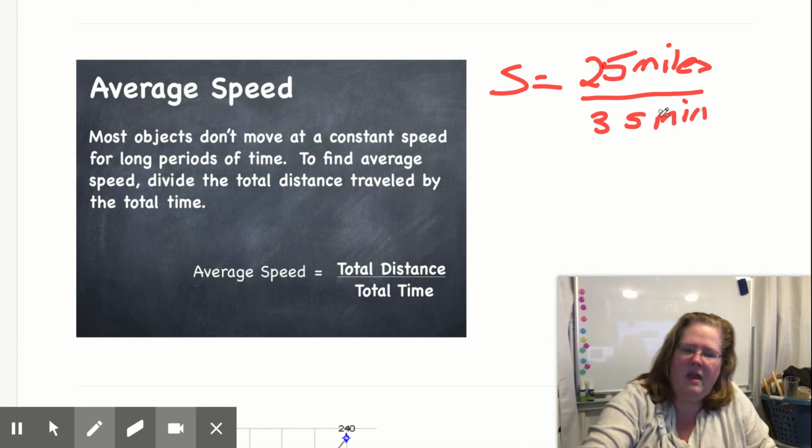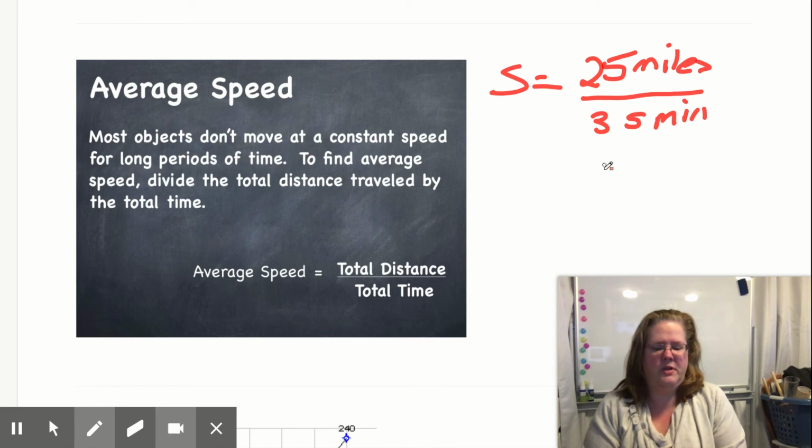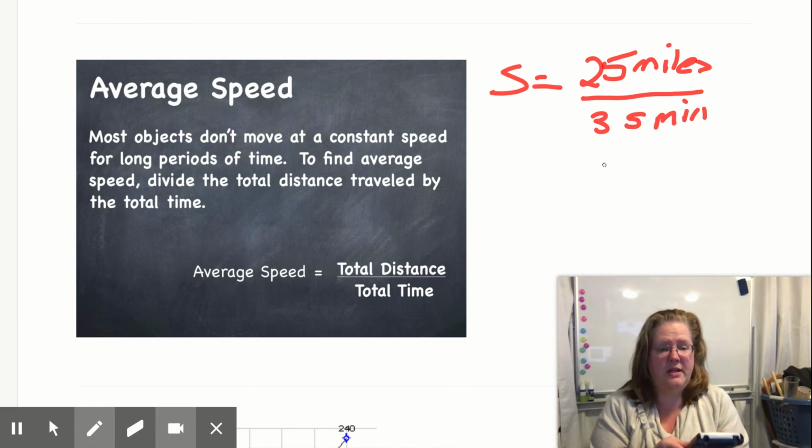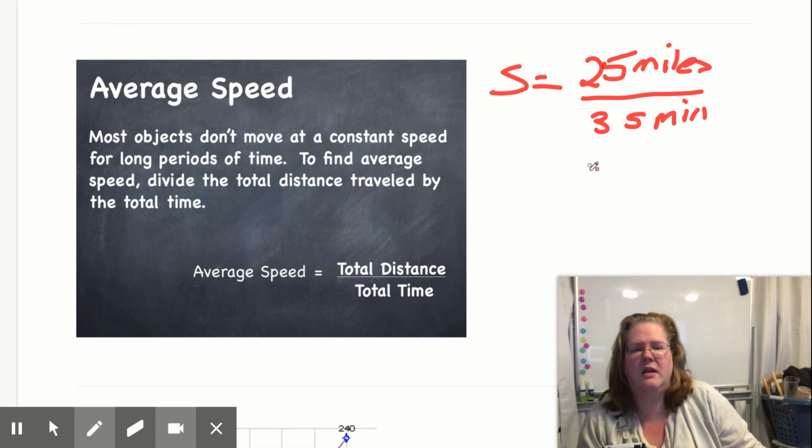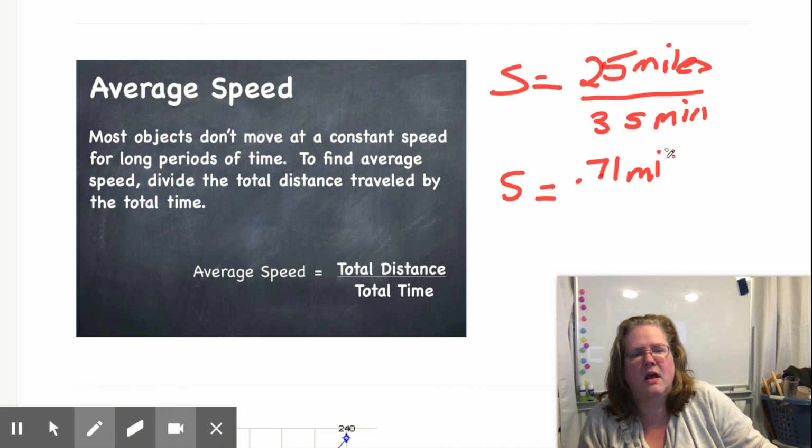Now, to calculate that, if you can't do it in your head, and believe me when I tell you that it's too late at night for me to do that, take your handy dandy calculator, take 25 divided by 35, and my average speed is 0.71 miles per minute.